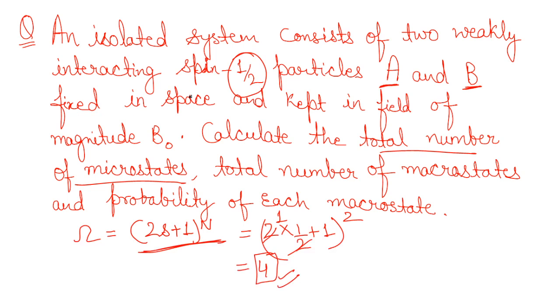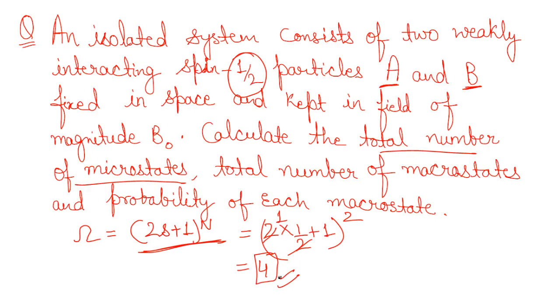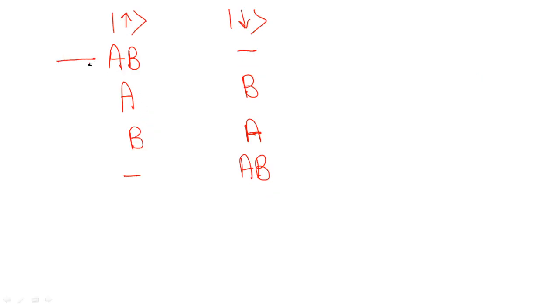So both particles can be in the spin up state, or one in spin up and the other in spin down, or the other one in spin up and the first one in spin down, or both particles in the spin down state. As we found from the formula, how many microstates are there? 4. You can count it: 1, 2, 3 and 4.